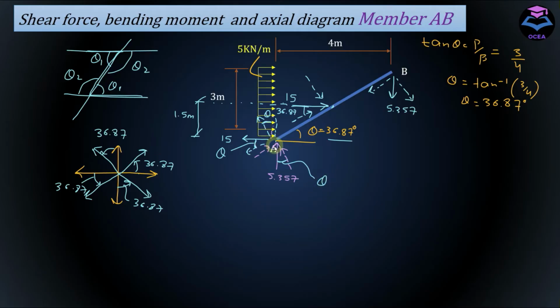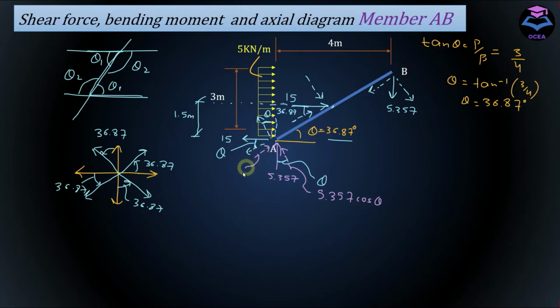Now let's start resolving the forces into their components at point A. This component here is equal to 5.357 cos theta, since this component has an angle theta adjacent to the resultant force, 5.357, so it involves the cos theta term.